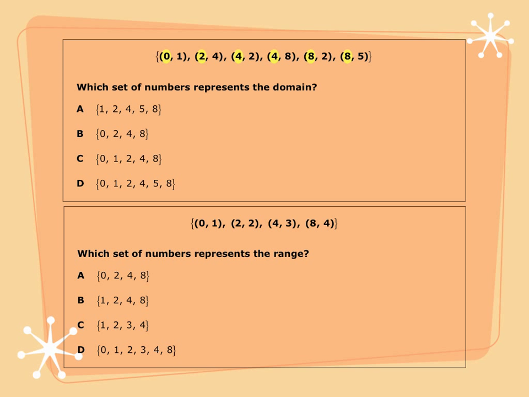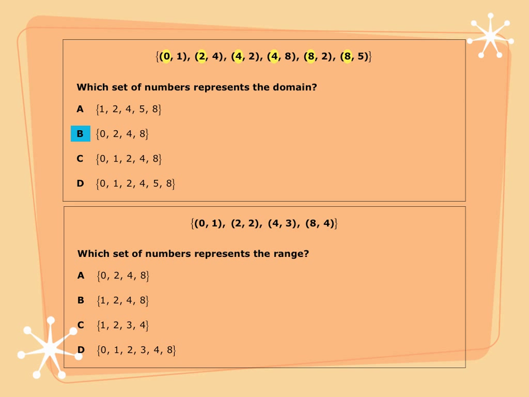So here, even though there's 2 4s in the domain, I'm only going to write 1 4 when I write the domain. So the set that has 0, 2, 4, and 8 here is B.